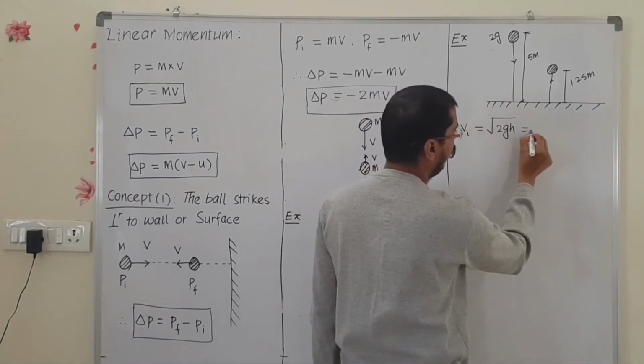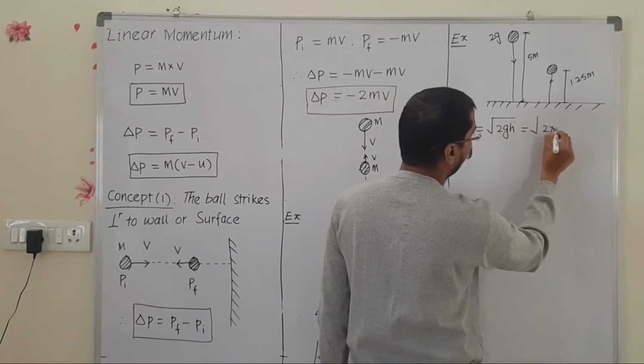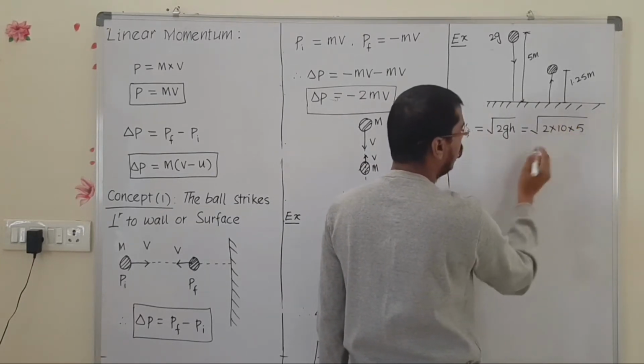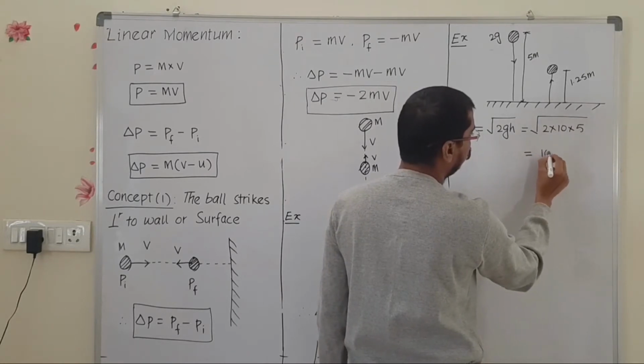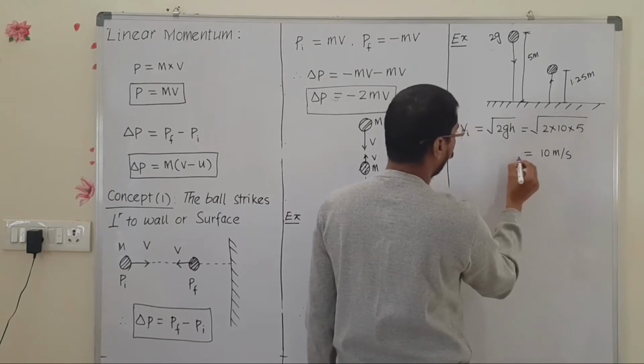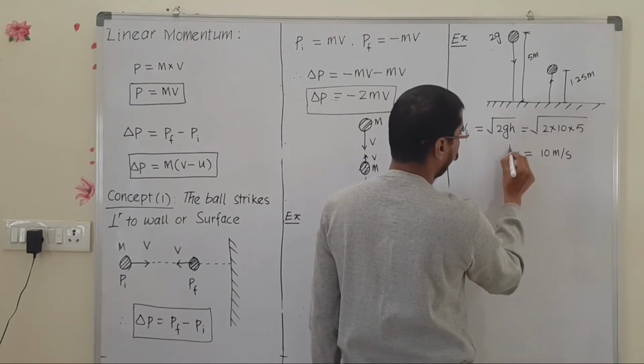Now if you substitute the values, 2 into 10 into 5, that is 100, then we get 10 meter per second. It is the initial velocity, we got it.